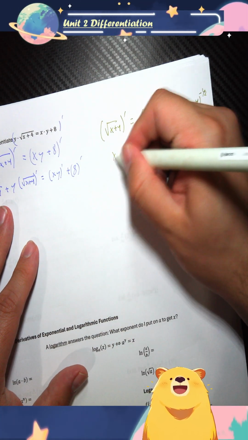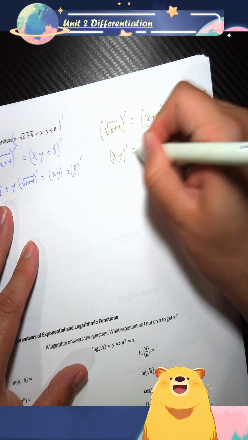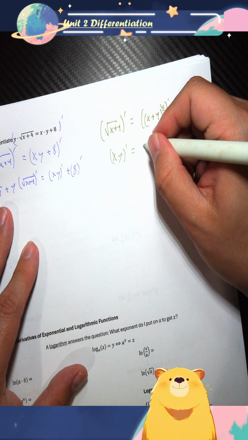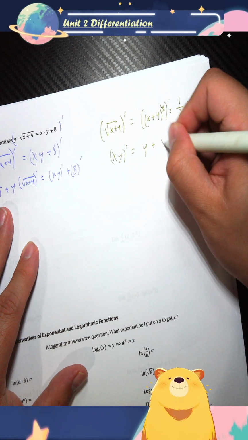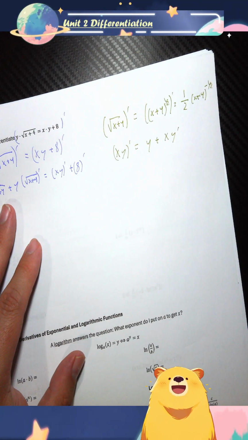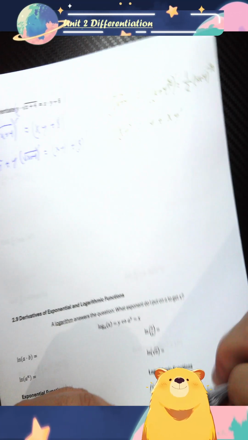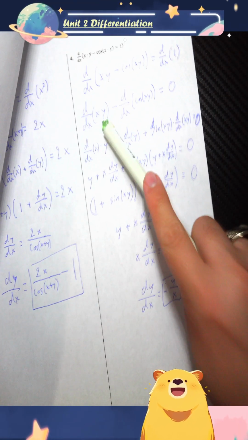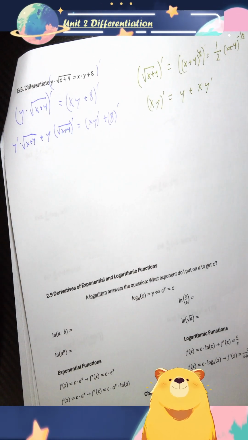And then xy prime is equal to y plus xy prime. That I'm just copying and pasting from the previous question since we had it appear right here technically. Okay.